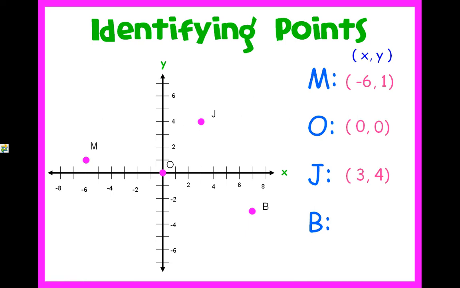Looking at point B, moving across the x-axis first because we're looking for the x, we're moving right 7. And then we're going to move down the y-axis 3. So that is going to be a negative 3. So that's how we would identify these points.